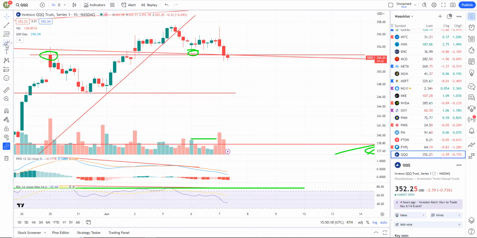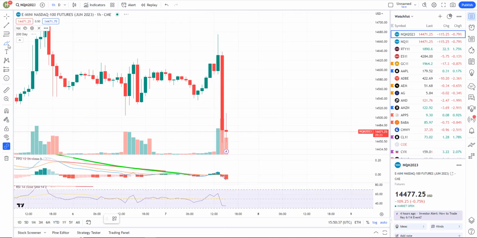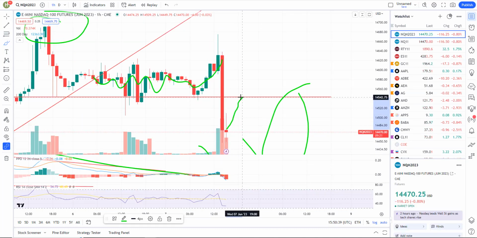One potential scenario, this is just a micro call: since the Nasdaq futures did break down, as I showed you a moment ago, the futures could rally up for a back test from below. So rally up into that resistance level, test that. Let me show you guys that real quick. On that one, the futures could rally up here, do a back test like that, and then get rejected.